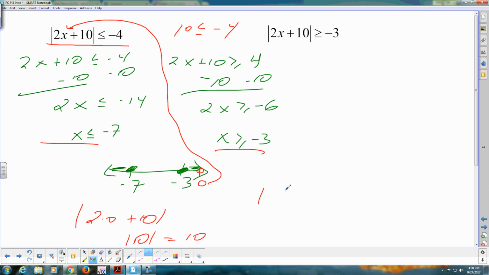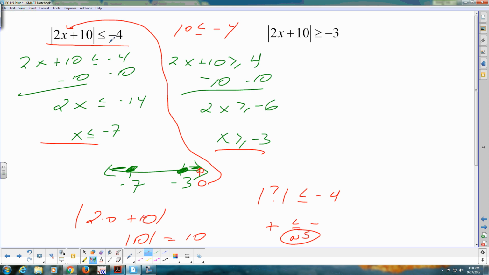You have the absolute value of something, and you're asked, when is it less than or equal to a negative number? What do absolute values do? They force things positive. When is something positive less than or equal to something negative? Never. There is no solution to this problem. There isn't one. Just because the algebra works doesn't mean you have an answer, because the question is bogus.